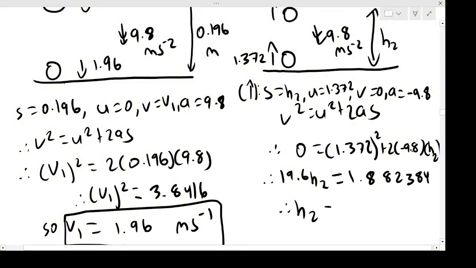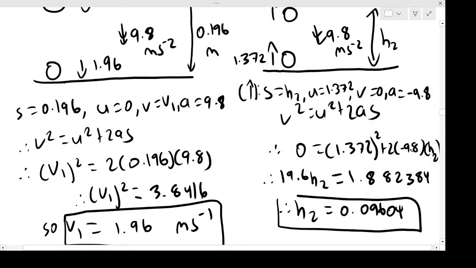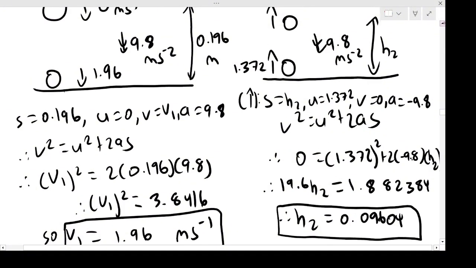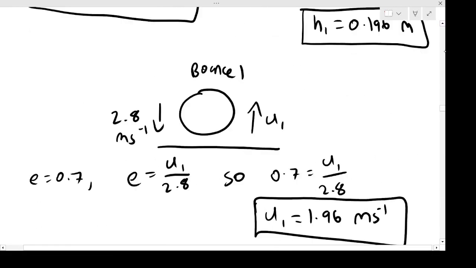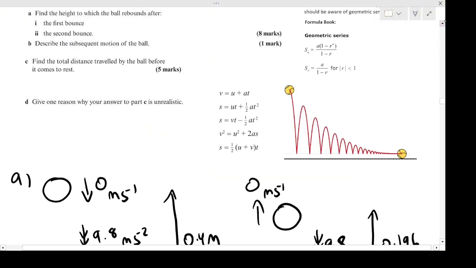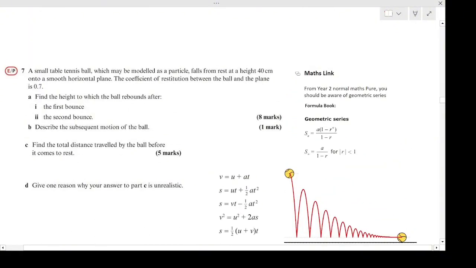If I divide by 19.6, I get h2 to be 0.09604. Okay, so I can add that on here. So that is now my height after the second bounce. Those are my heights after the first and second bounce.